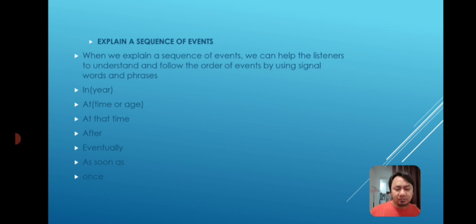There are many signal words that you can use, but these are some of them. One is "in," referring to a year; "at," referring to time or age; "at that time," referring to that particular time; "after," when we would like to show a relationship between two events that happened before and after; and then "eventually," usually towards the end of the event; "as soon as," showing that something happened directly after something else happened; and "once," usually used to show the beginning of one particular event.